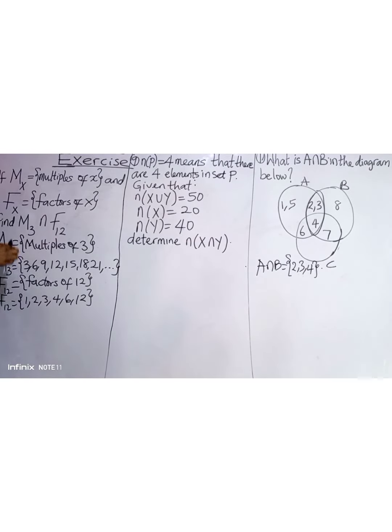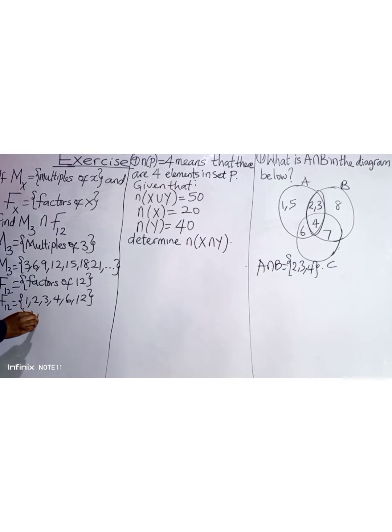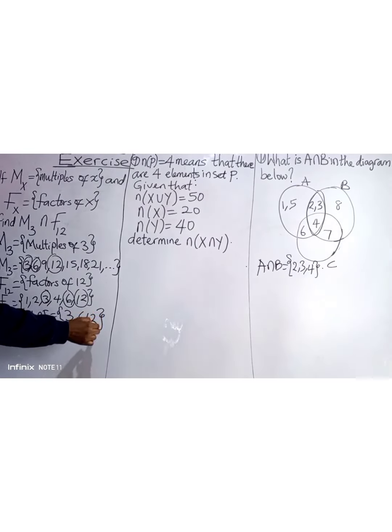So to find m subscript 3 intersect f subscript 12 will be all the elements that are common to both m subscript 3 and f subscript 12. So let's see, 3 is here, 3 is here, 6, 6, 12, 12. So the answer is 3, 6, and 12.